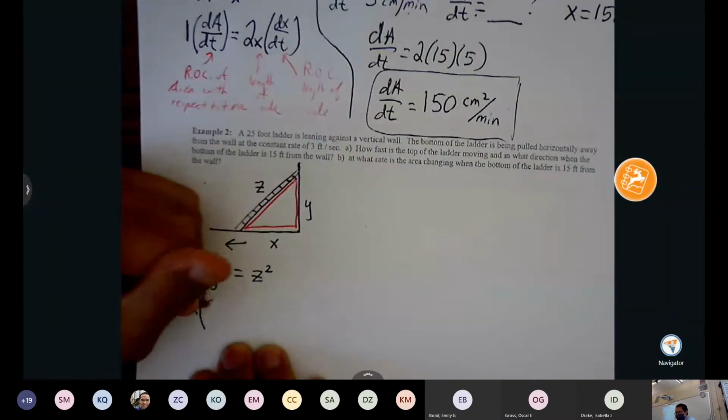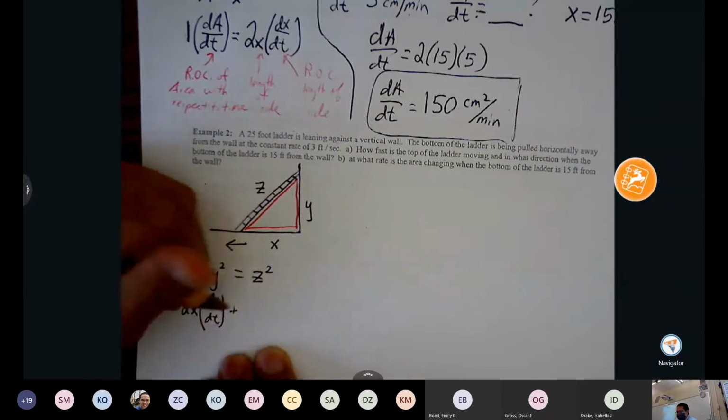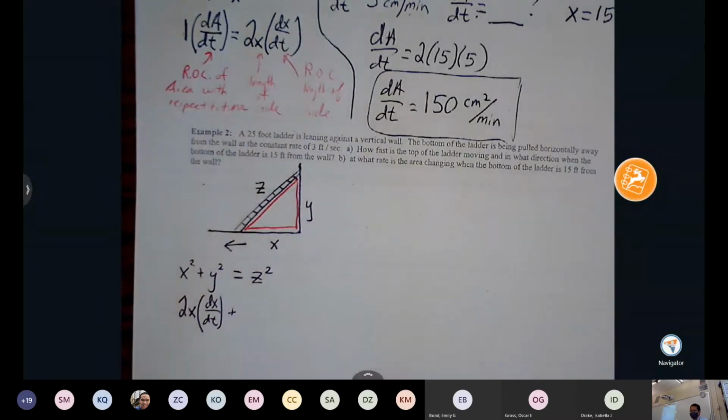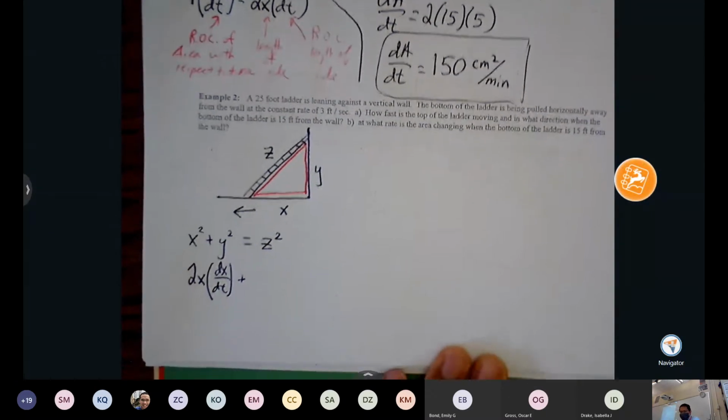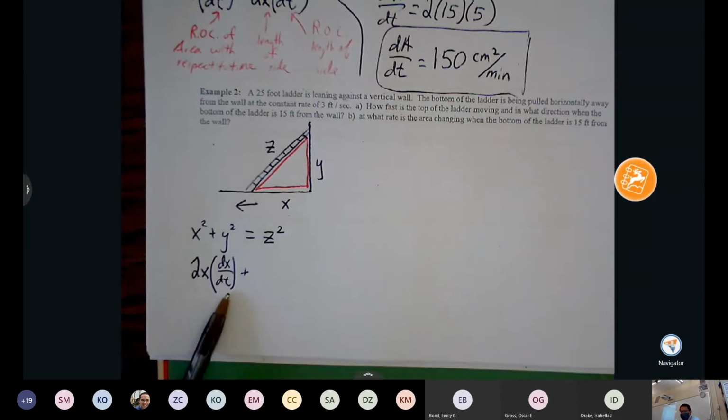Okay, dx dt, right? dx over dt. Remember, time is going to be the overarching variable that's impacting everything here. Every one of these variables is a dependent variable. Time is the only independent variable, so that's why we have that d over dt.